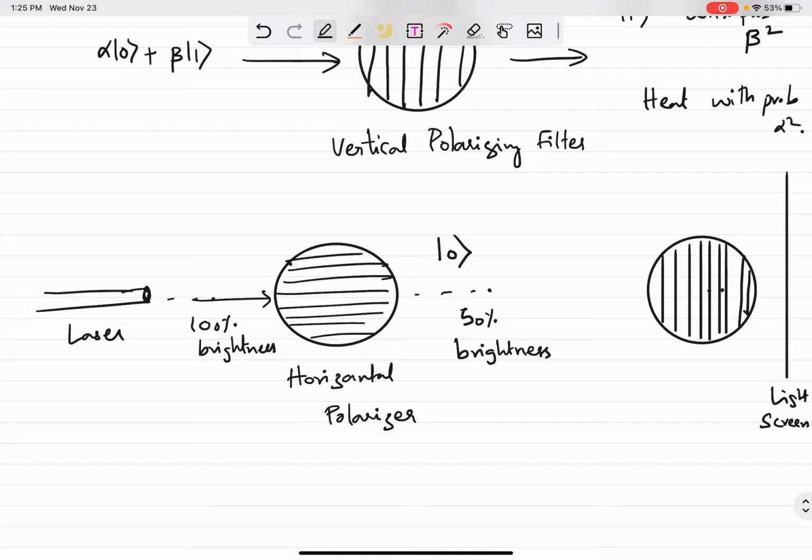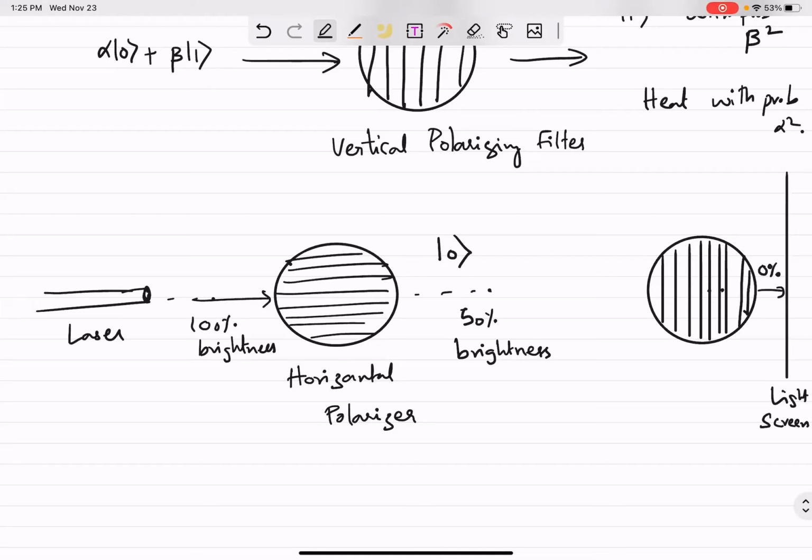Now for the vertical polarizer, the probability that a photon gets through is exactly beta squared and heat is alpha squared. If alpha is 1 and beta is 0, nothing will get through. So you will see 0%.